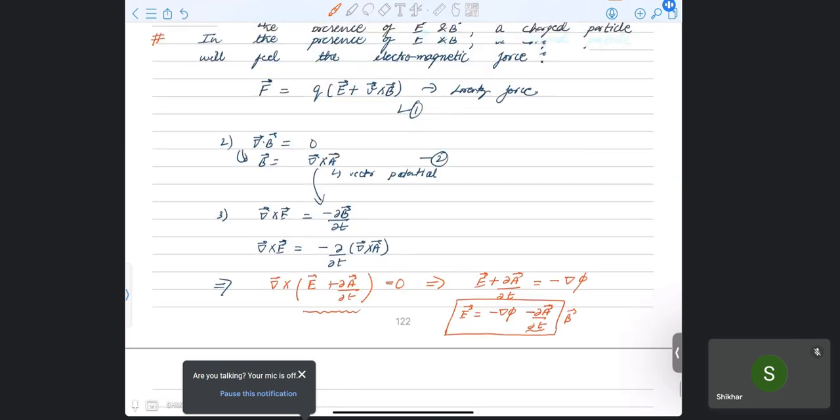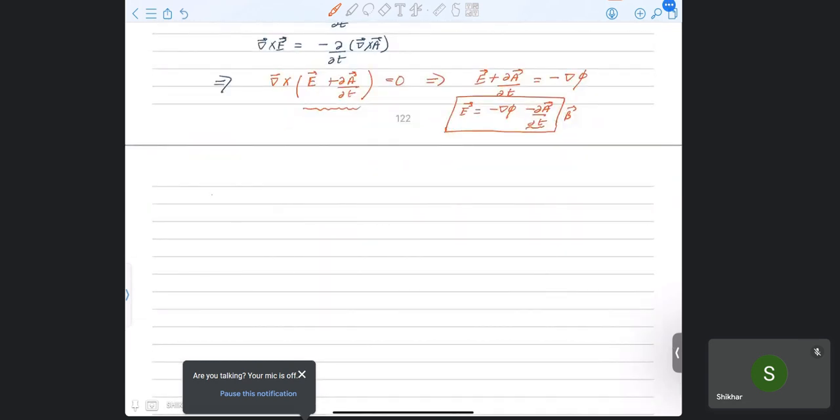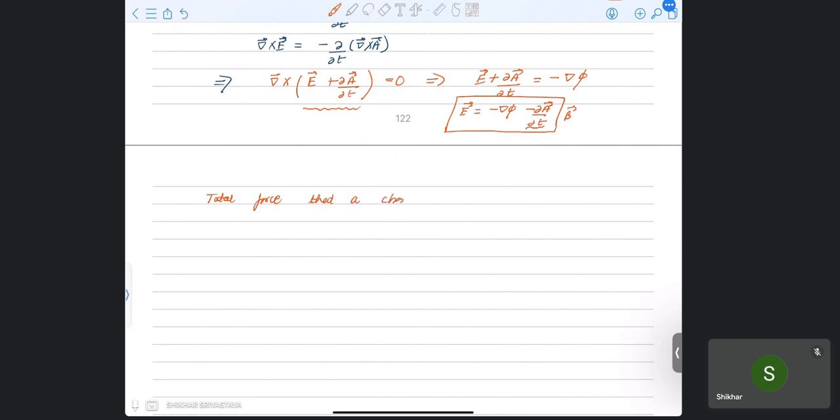So this is your electromagnetic force, but there is also another kind of force. The total force that a charge would experience in the presence of E and B is given by F total, which is your electromagnetic force, the Lorentz force q(E plus v cross B), plus a non-electromagnetic force, which can be due to the mass, because your charge would also have a certain amount of mass, and that mass would feel a gravitational force, suppose.